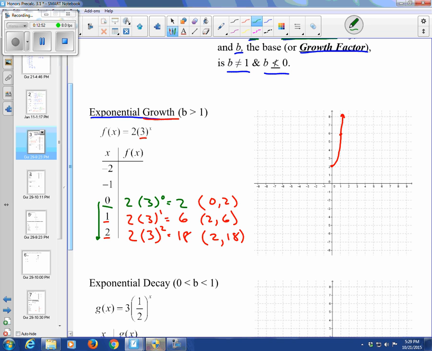What happens when we plug in negative exponents? If we've got 2 times 3 to the negative 1, that actually means we're dividing by 3 or unmultiplying 3. So this would be 2/3. We're all the way down here to 2/3 with that input of negative 1.